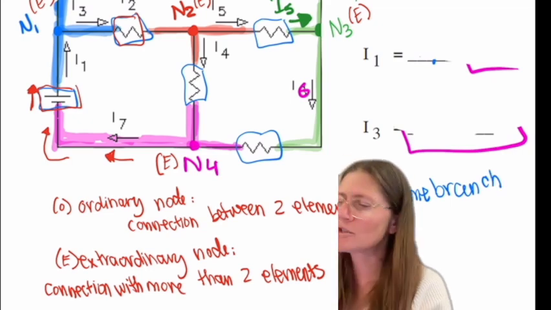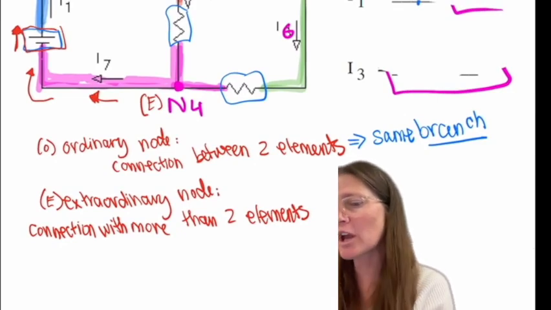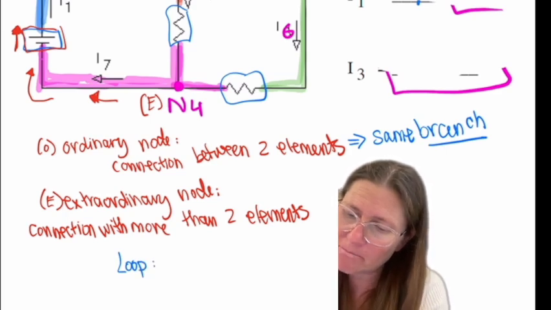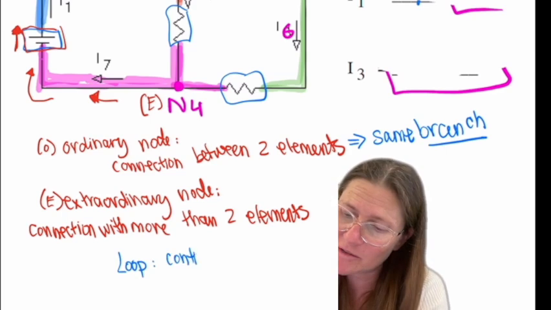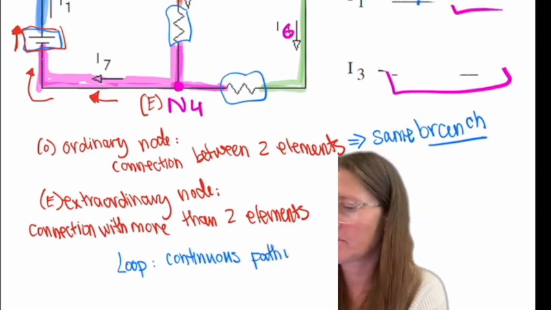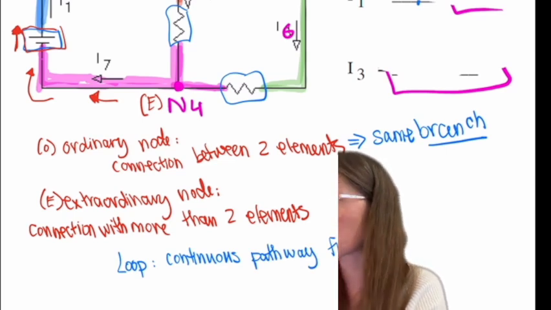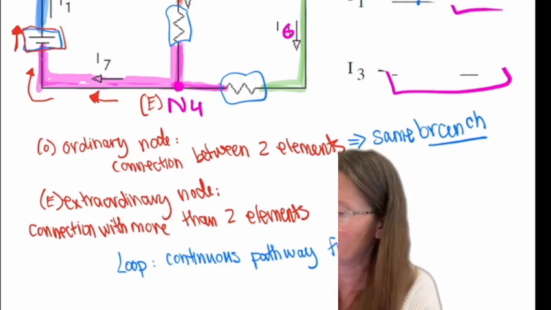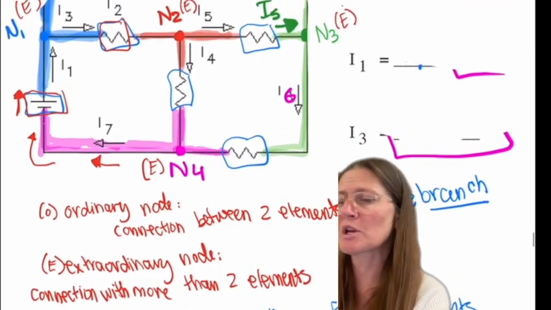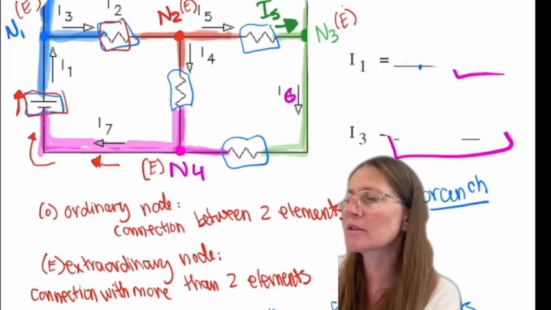So now we have the terminology of branch and loop. So a loop is going to be a continuous pathway from start to finish, from the same point. I'll just put same points. Okay, so a loop would be a pathway, okay, purple.